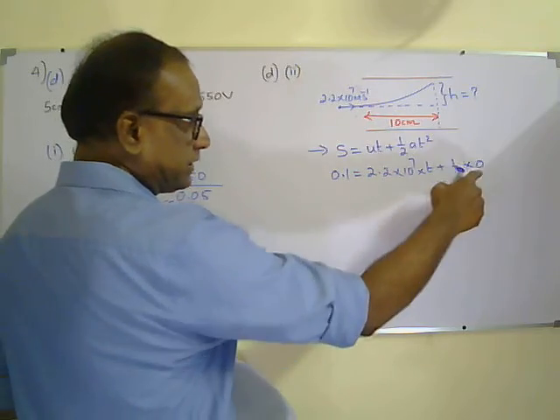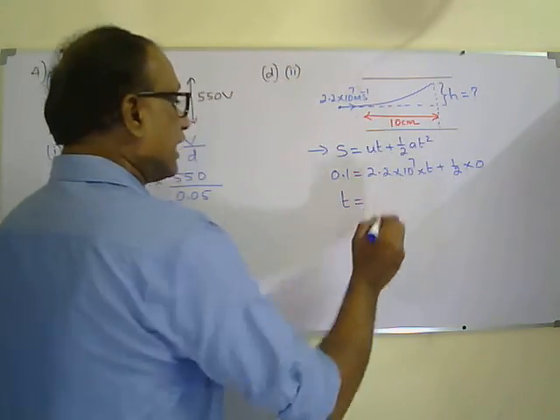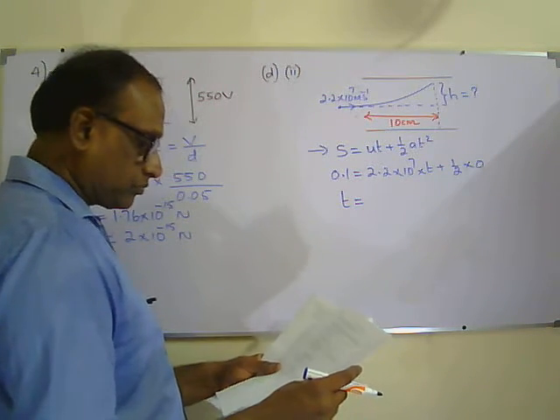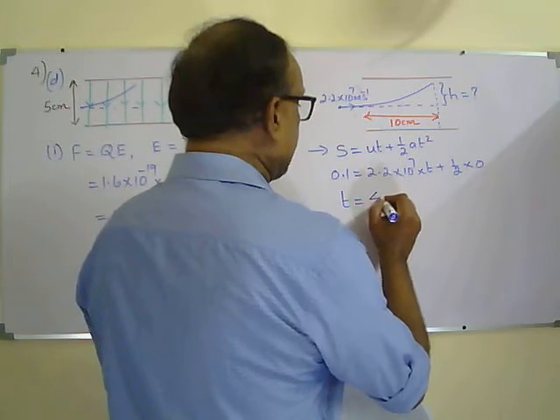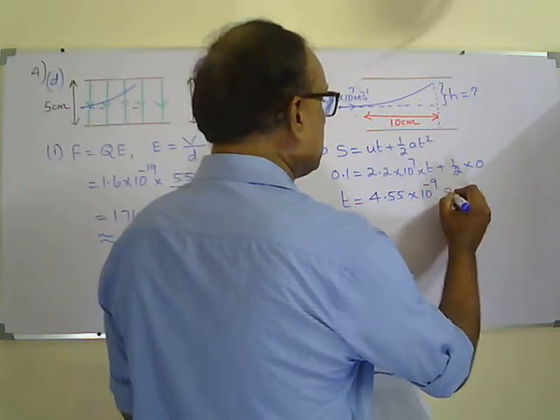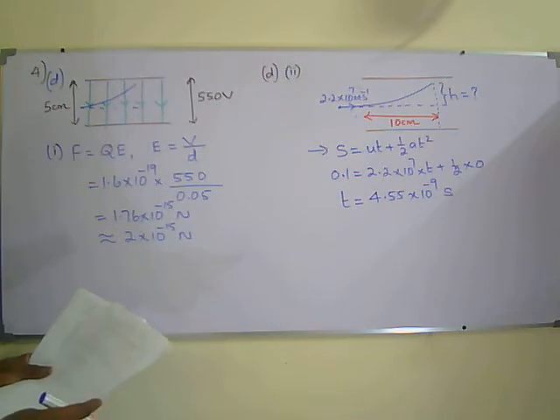There is no field, so no acceleration. So you can find the time. Time will be equal to 4.55 × 10^-9 seconds. That's the time taken to complete 10 centimeters parallel to the plates.